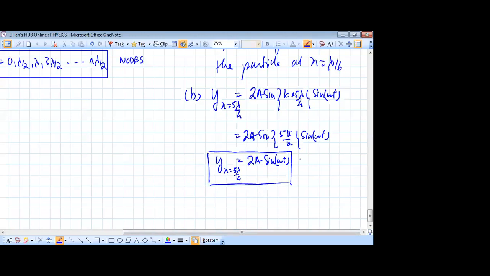This is the SHM of the particle at x equal to lambda by 6.